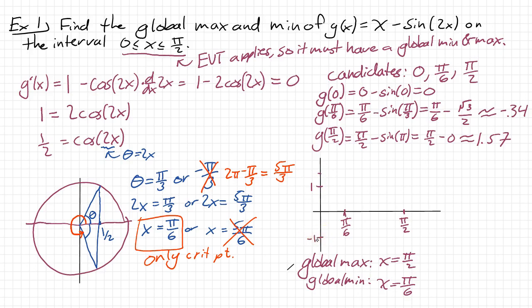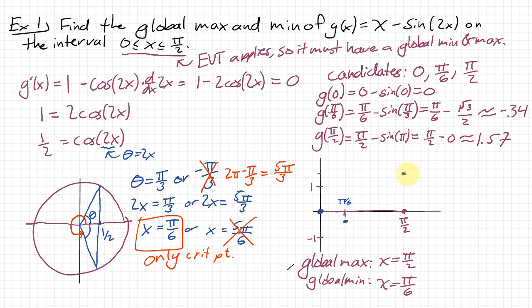If we're going to make a graph of this, its domain is all of these numbers between 0 and pi over 2, and that's not the function itself. The function itself is going to look like this. It's going to have that point there, 0, 0, pi over 6, negative 0.34, which doesn't quite fit here, and then pi over 2, 1.57, which is about here.